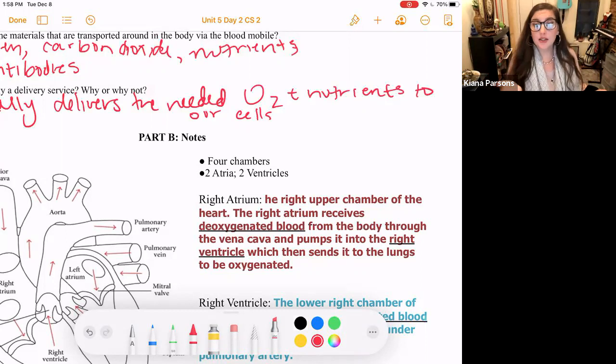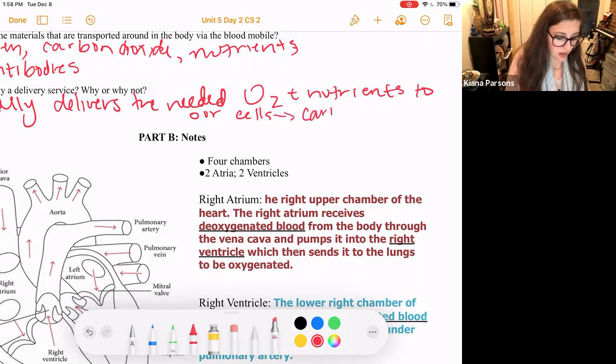And not only does it deliver oxygen and nutrients to our cells, it also carries wastes away.